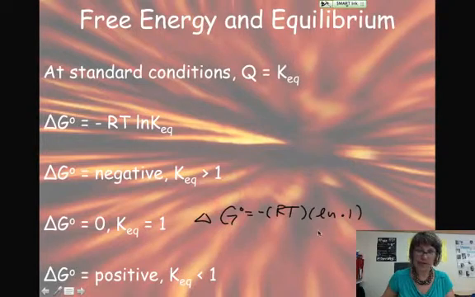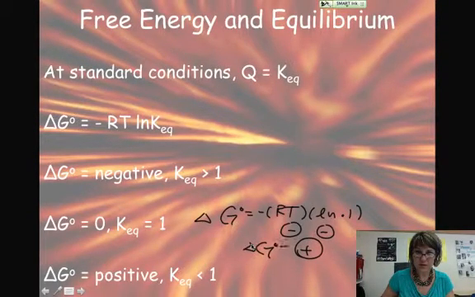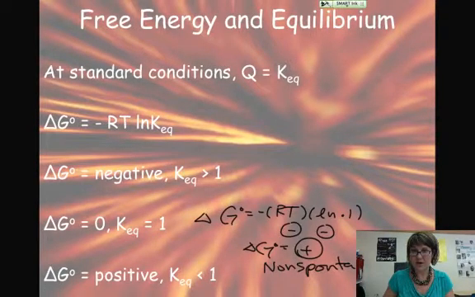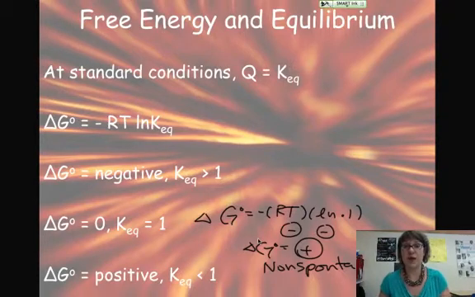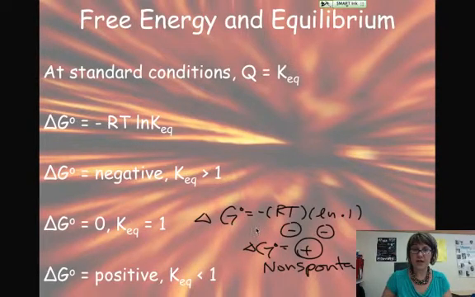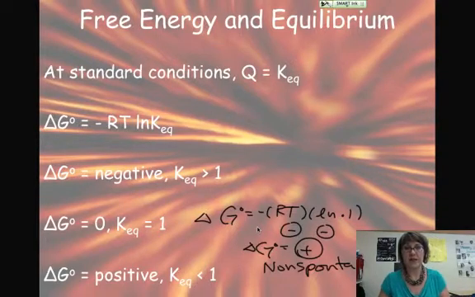We got a negative value, and a negative times a negative makes a positive. Where delta G is positive, then it's non-spontaneous. We're not favoring products in a non-spontaneous reaction. We're favoring the reactants here. So for a KEQ that's less than 1, delta G is positive or non-spontaneous.